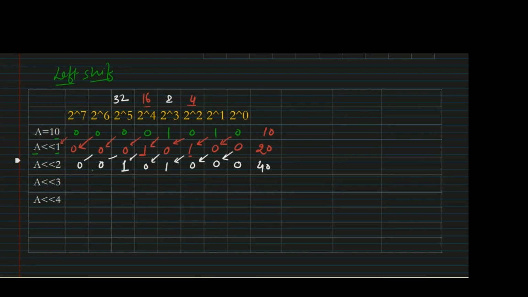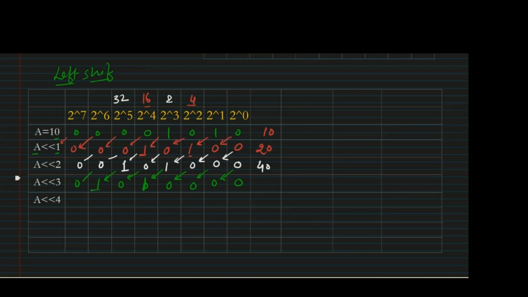Now let's say I want to shift 10 towards left by 3. So what I'll do is keep moving all these bits towards left. This 0 will come over here, this 0 will be shifted over here, this is 1, I'm sorry, this is 1, this 0 will be shifted over here, this 1 will be shifted over here, this 0 will be shifted over here.